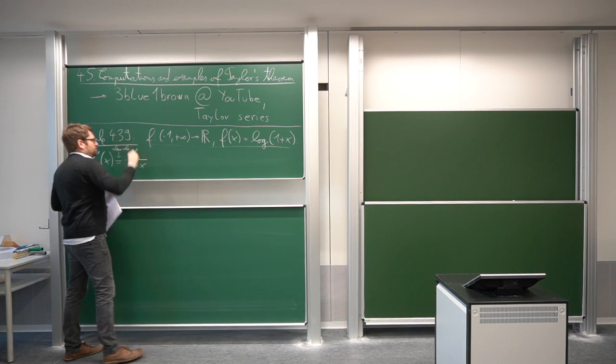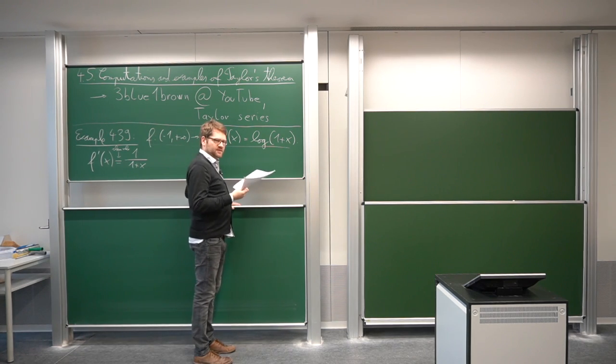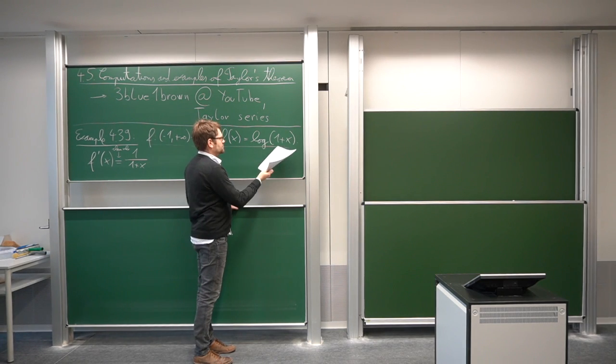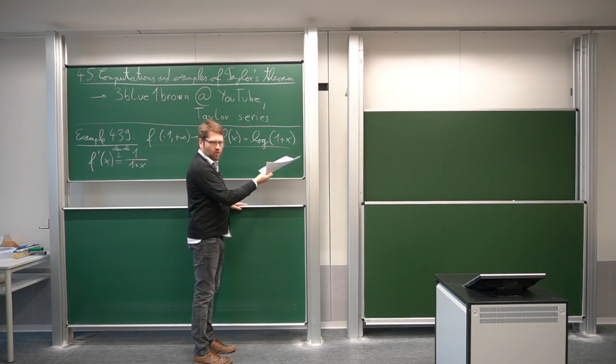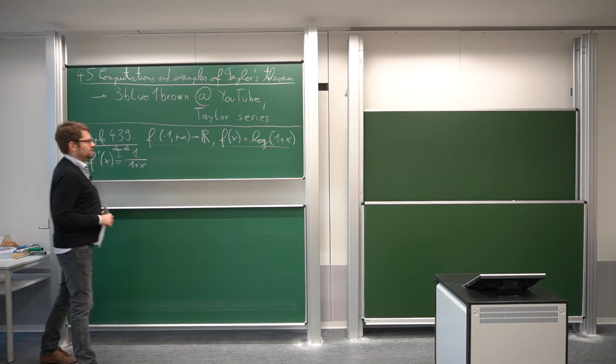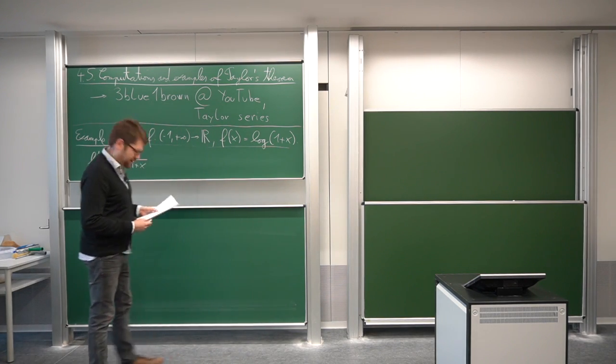Now we have to multiply this with the derivative of the function inside the argument of log, but the derivative of this is simply 1. So there's nothing more, and this is already the derivative of this function f.